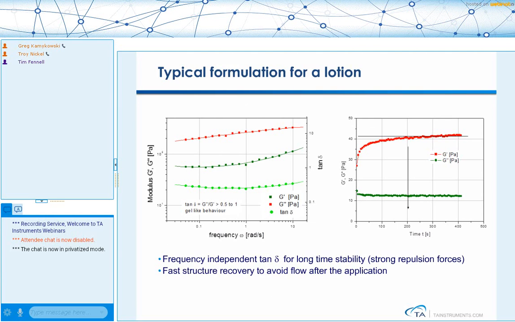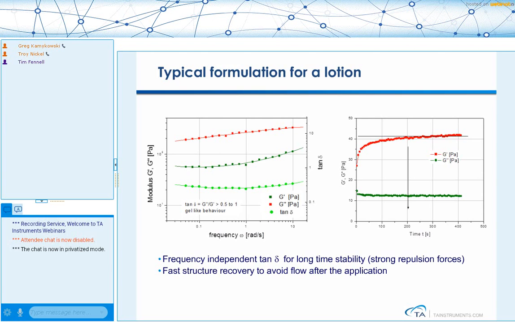Some other testing that we could do on lotions: we can do dynamic frequency sweeps, and what we would look for is to see how tan delta behaves as a function of frequency. We like this to be flat, not change too much, and we view that as an indication of good stability for this material.